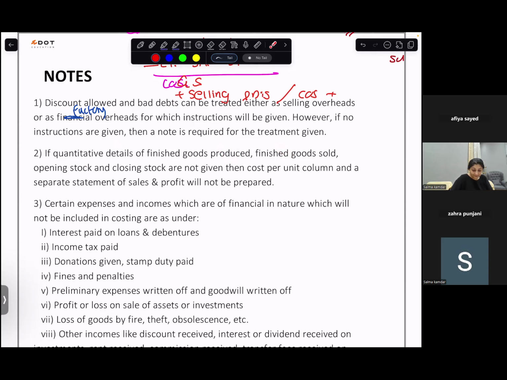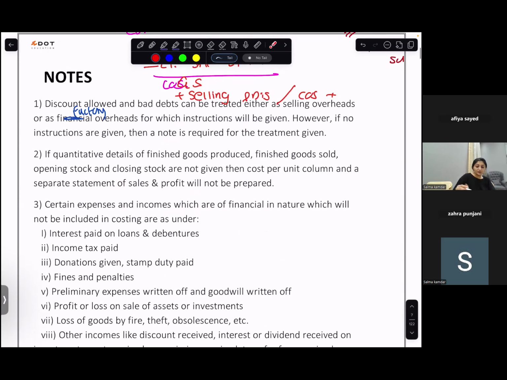A separate statement of sales and profit will not be prepared, and the cost sheet will be prepared if quantitative details are given.